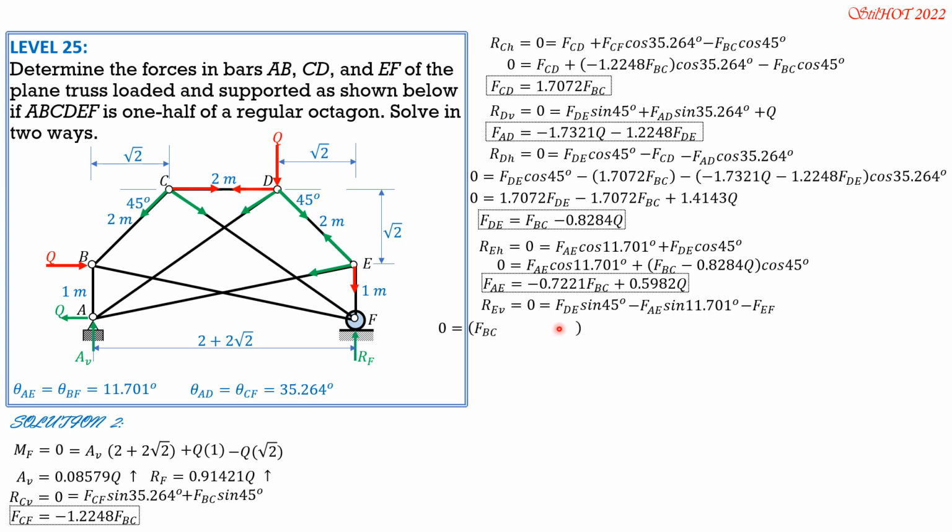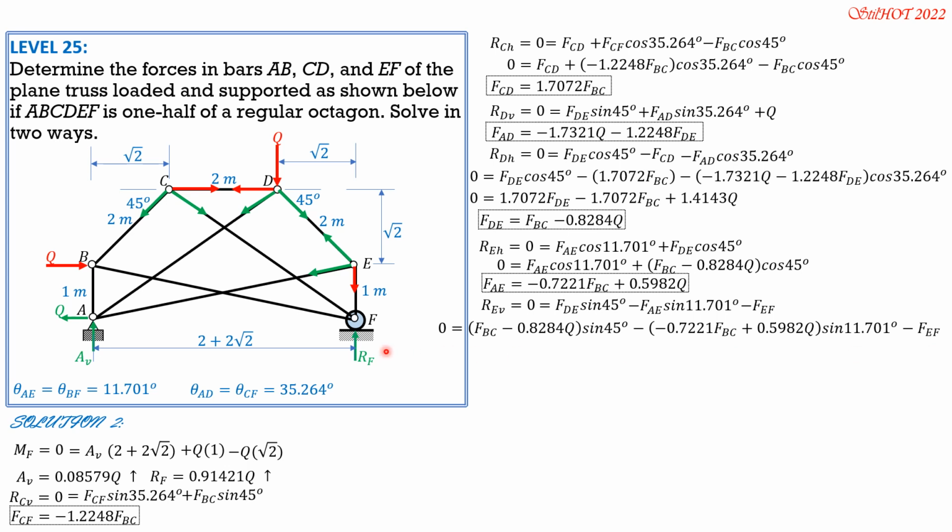Substitute the value of FDE, which is quantity FBC minus 0.8284 Q sine of 45 minus FAE, which is quantity negative 0.7221 FBC plus 0.5982 Q times sine 11.701 degrees minus FEF.